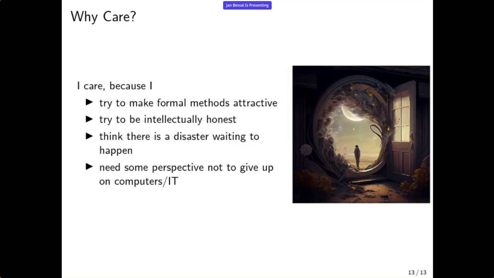Or when was the last time you've seen a conference award given to someone who has honestly said, I made a mistake and this paper needs to be retracted? That's not something that is considered a good thing. But actually, it would be a good thing, I believe.